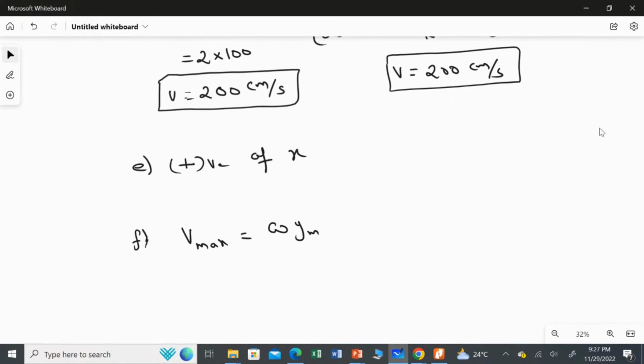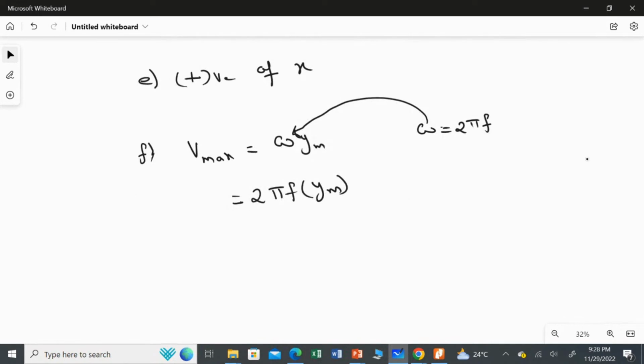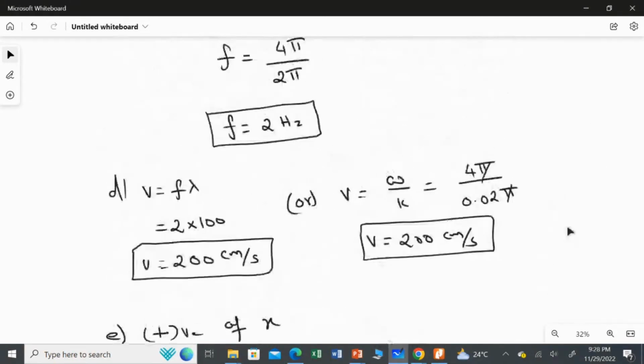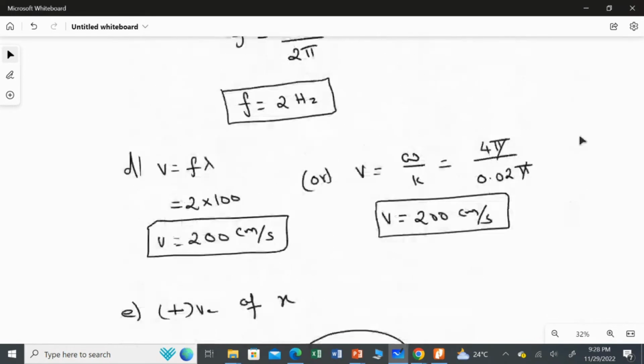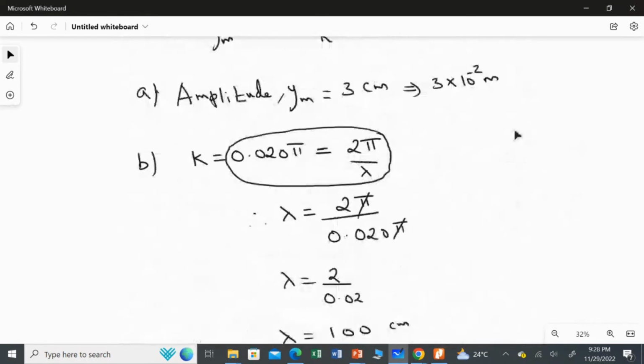Here, as we already know, omega is equal to 2 pi f. I substitute this omega here, so the equation becomes 2 pi f multiplied by ym, where ym is our amplitude. So 2 multiplied by pi multiplied by the frequency. What value did we get for the frequency? I think 2 hertz, yes, 2. Then the amplitude: we go back to the question, especially the equation.